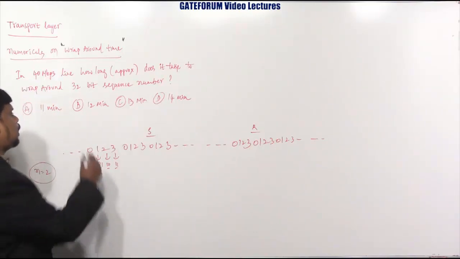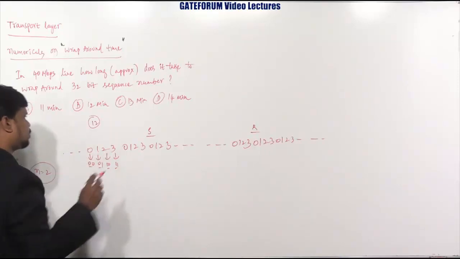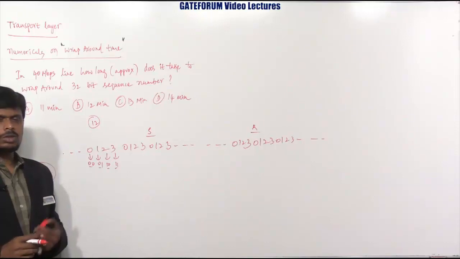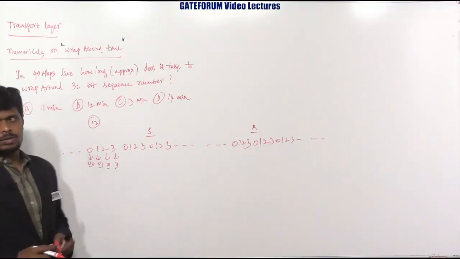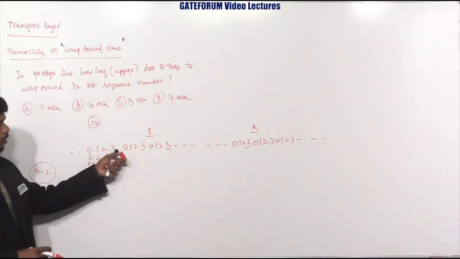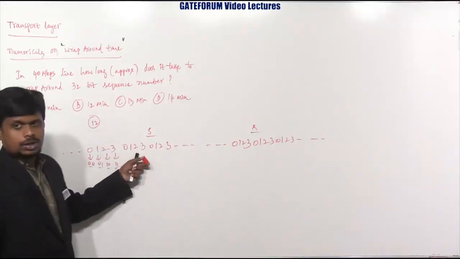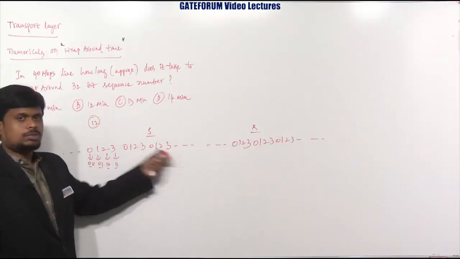For example, if I have a message of 12 frames, how can the sequence numbers be generated for all these 12 frames with a 2-bit frame sequence number field? This way: the first 4 will have these sequence numbers, and the next 4 will also have the same sequence numbers, and the next 4 will also have the same sequence numbers.